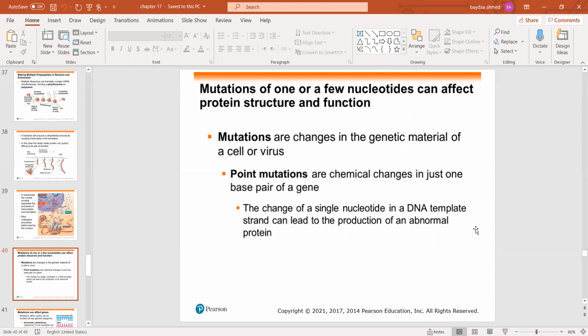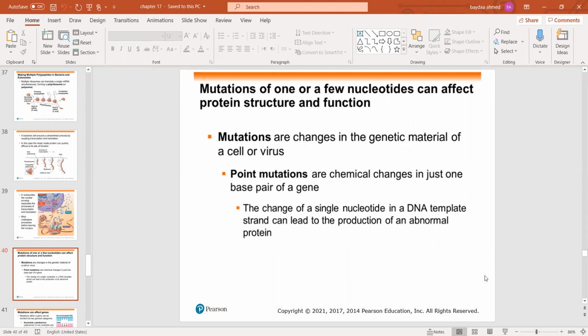If the mutation has an adverse effect on the phenotype of a person, the mutant condition is referred to as a genetic disorder or hereditary disease. For example, we can trace the genetic basis of sickle cell disease to the mutation of a single nucleotide pair in the gene that encodes the beta globin polypeptide of hemoglobin.